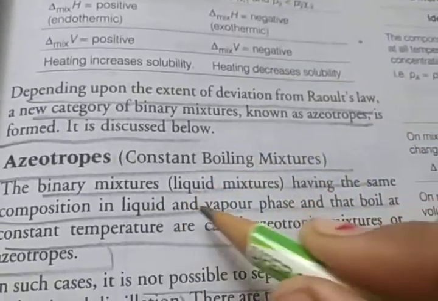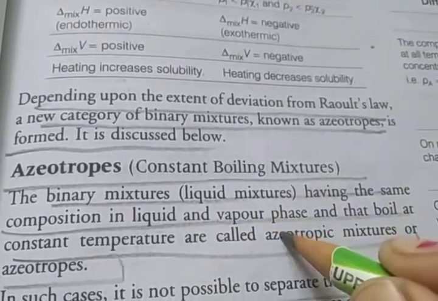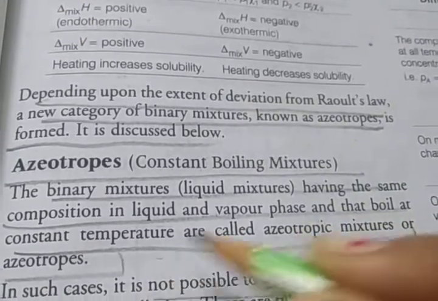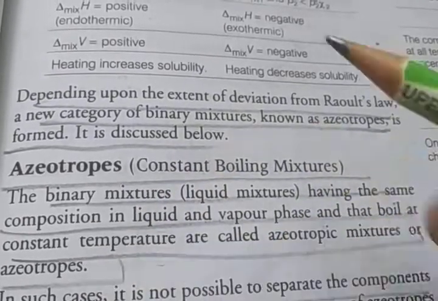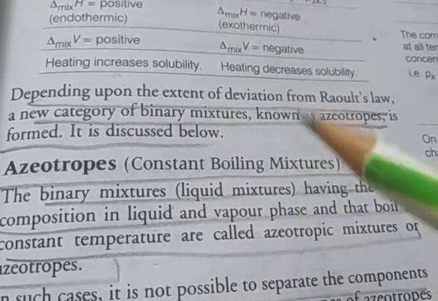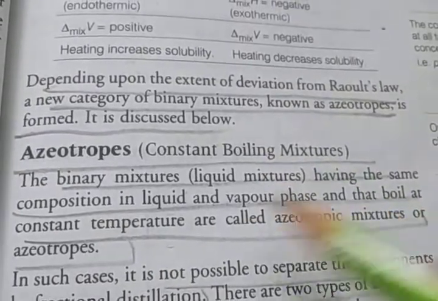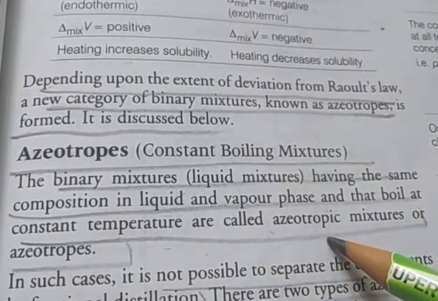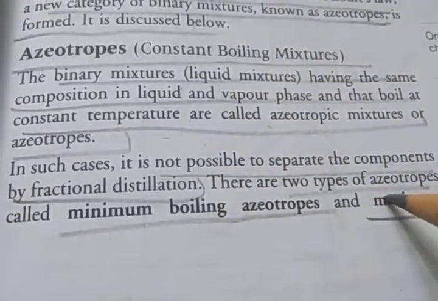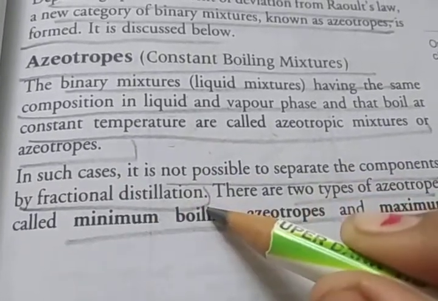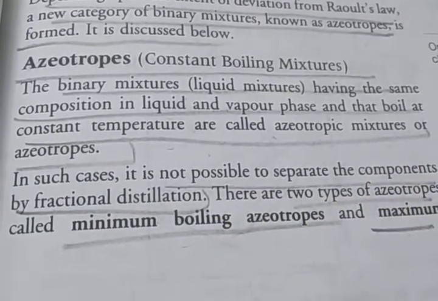A binary mixture of liquids having the same composition in liquid and vapor phase that boils at constant temperature is called an azeotropic mixture, or azeotrope. But in such cases it is not possible to separate the components by fractional distillation. There are two types of azeotropes: minimum boiling azeotropes and maximum boiling azeotropes.